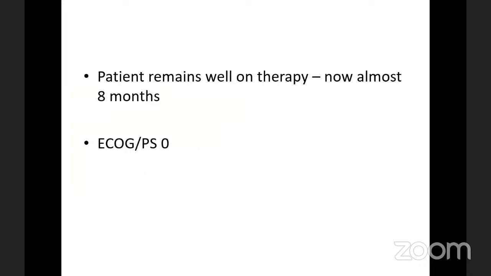Now, the patient still remains on therapy. She has remained progression-free now for at least 8 months. Now, remember, she started with decompensated liver disease, with ascites, very large liver metastases. Her performance status now is 0.